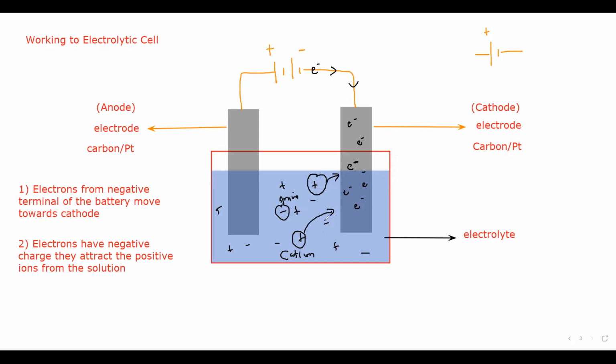So positive ions are attracted towards the cathode, or towards the electrons. Now this is the second thing that happens.